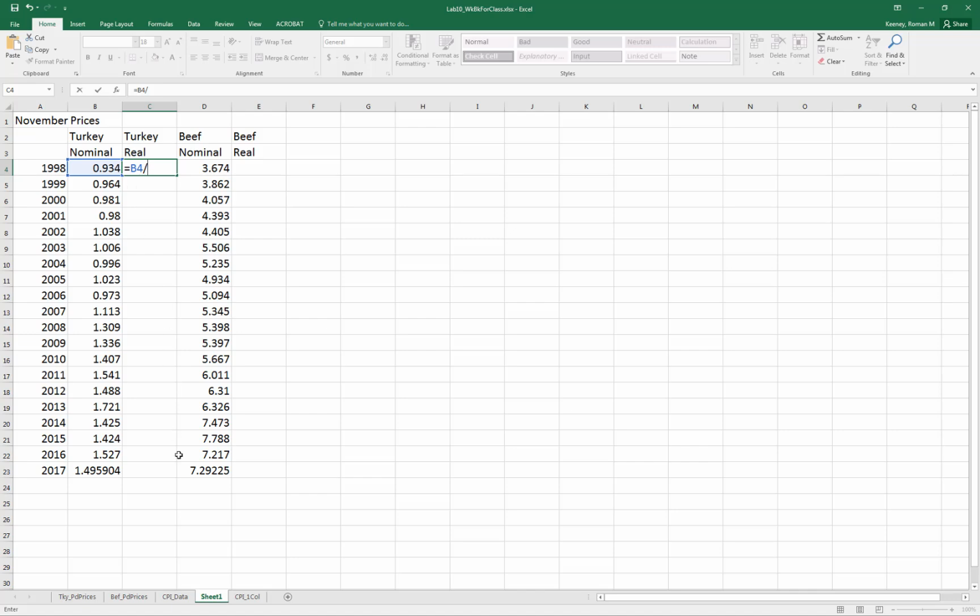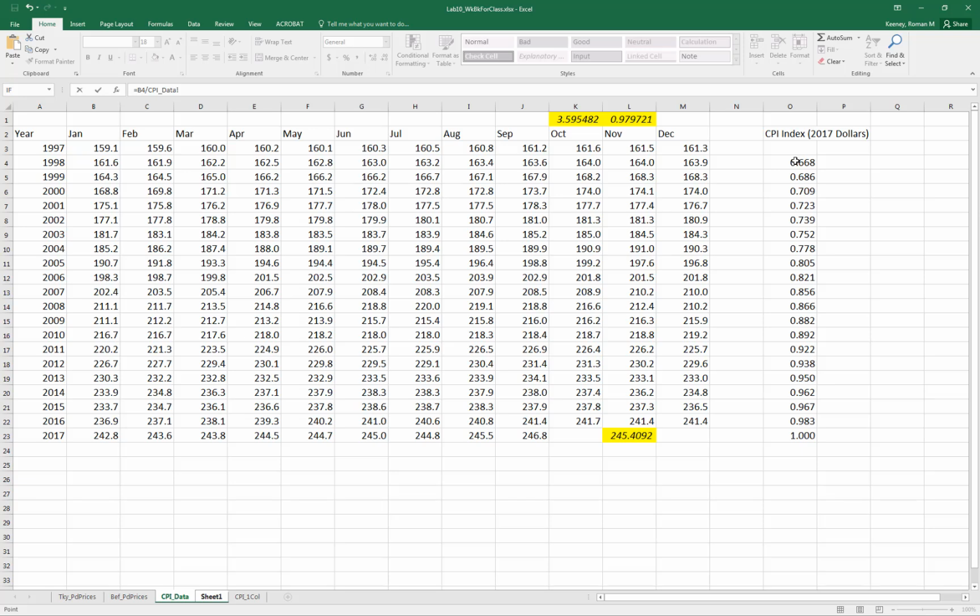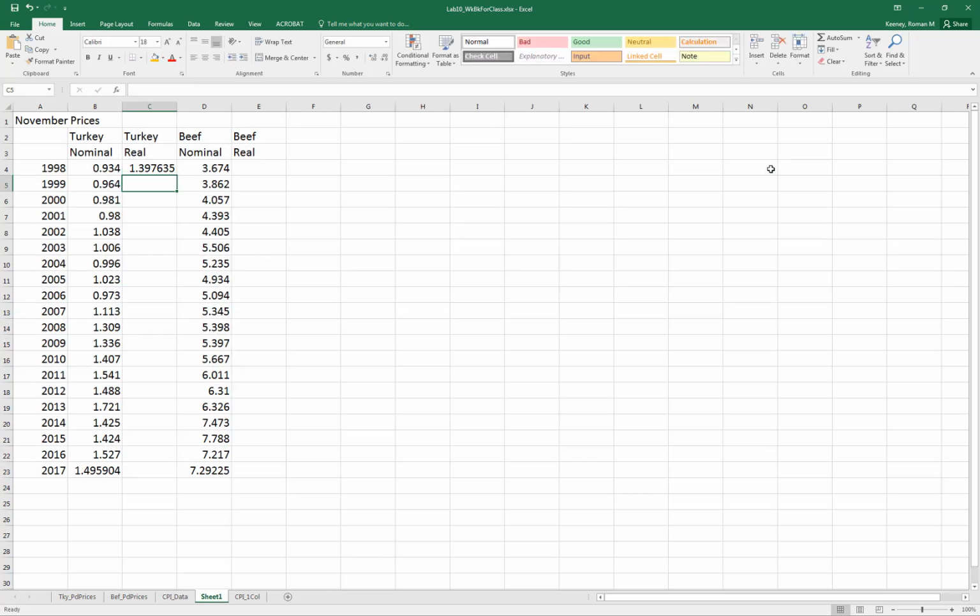Take that in B4, divide it by, from the CPI data, the 1998 November CPI index. And we calculated that right here in O4 on my sheet. Hit enter. Look at that formula so you can see. Take B4, divide it by the CPI data sheet's O4, and then we'll copy everything down.